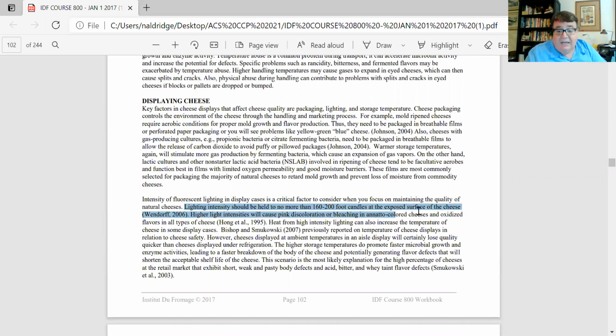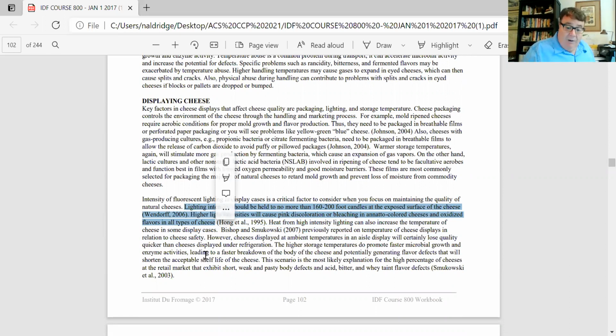And especially if you're a cheesemonger, have you ever gotten those? I like the third sentence. Higher light intensities will cause pink discoloration or bleaching in annatto colored cheeses and oxidized flavors in all those types of cheeses. So bleaching of cheese is a big deal in my cheesemongering world. So there's probably a chance that's going to get asked.